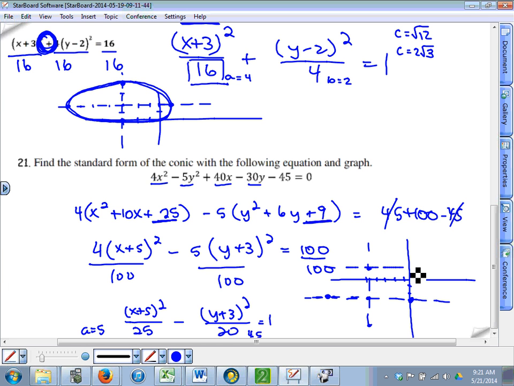Once you have those, you sketch the central box. What do you do with that central box? The diagonal lines go through the corners and the center. And it's horizontal, so the two pieces of the hyperbola have to go horizontally on the right and left side, passing through these vertices.